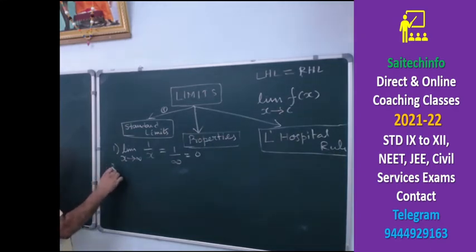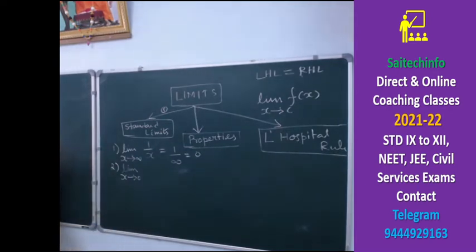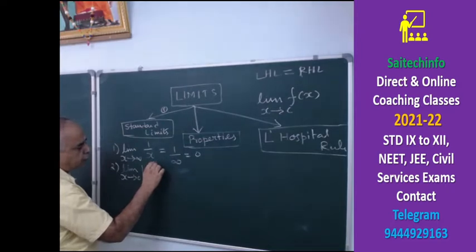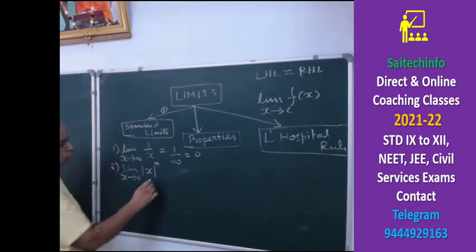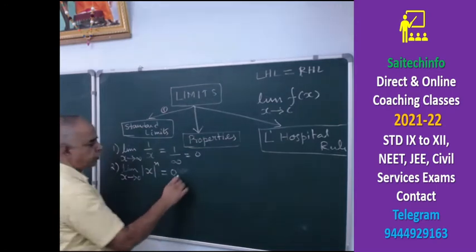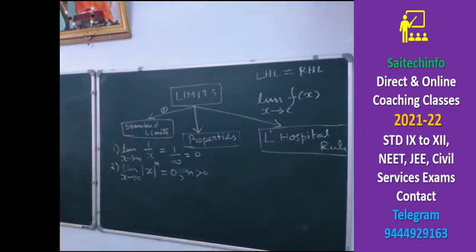Then limit x tends to 0 for the function modulus of x power n. That is also 0, where n is greater than 0.